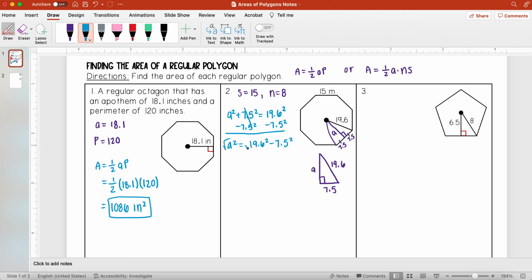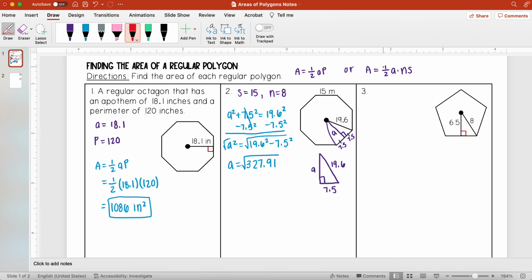And then I can take the square root. So A is equal to, now I'm going to figure out what's underneath the radical first. So I'm going to do 19.6 squared minus 7.5 squared. And you should get 327.91. And so A is equal to the square root of 327.91.